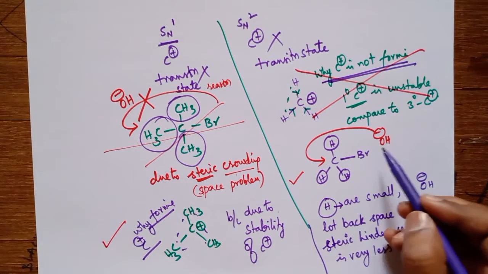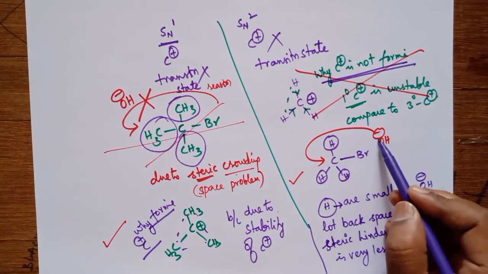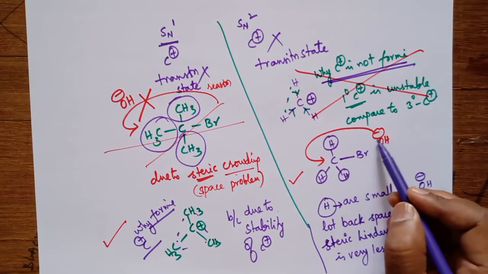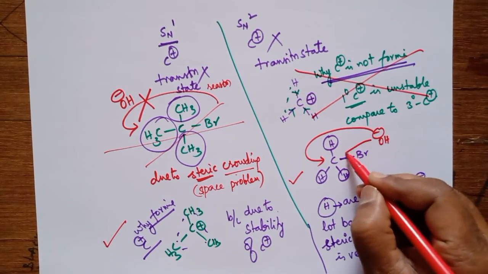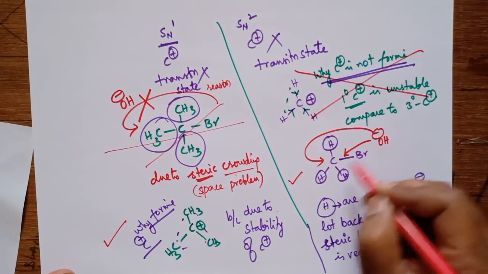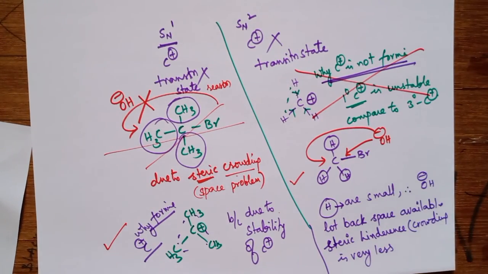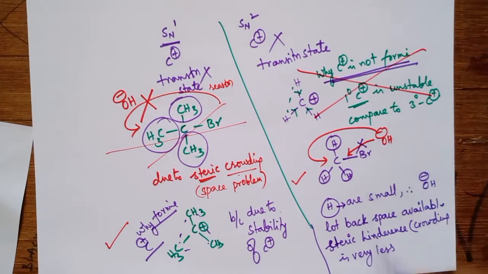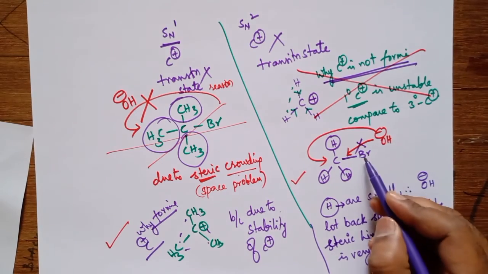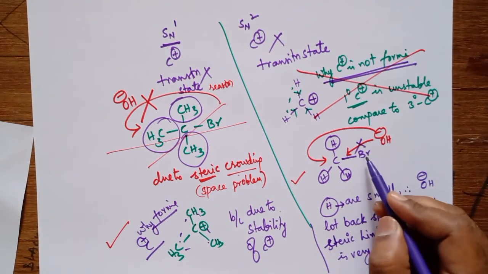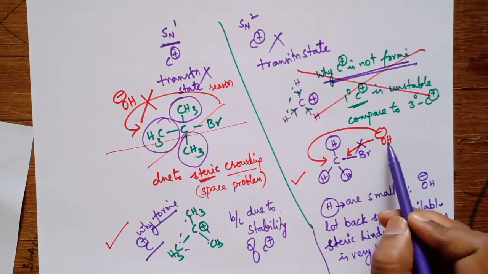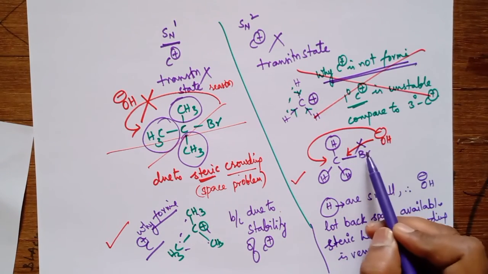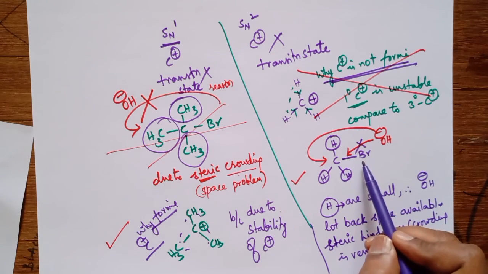The question comes, why does OH minus not come directly? What is the problem with coming directly? If the OH minus directly comes and replaces the bromine in the same fashion, this way is not possible. What is the reason for that? Bromine has three lone pairs of electrons. Bromine is in the 7th group.